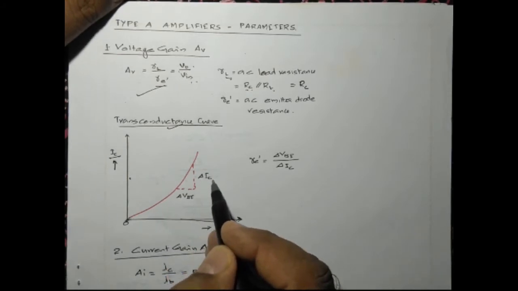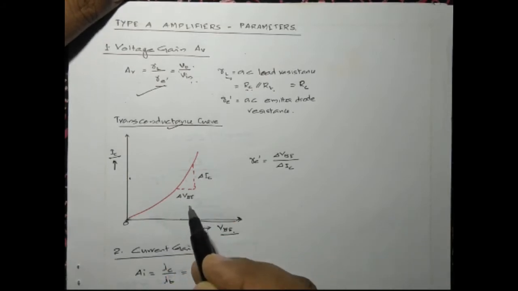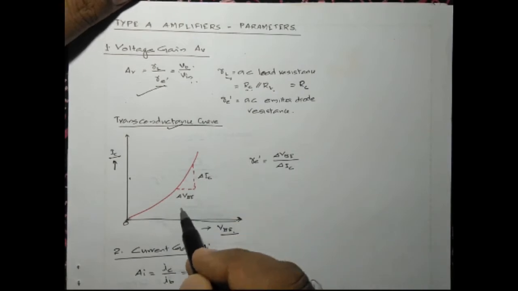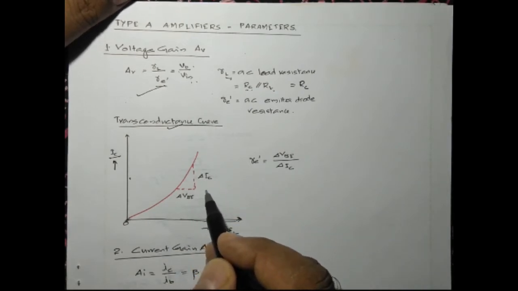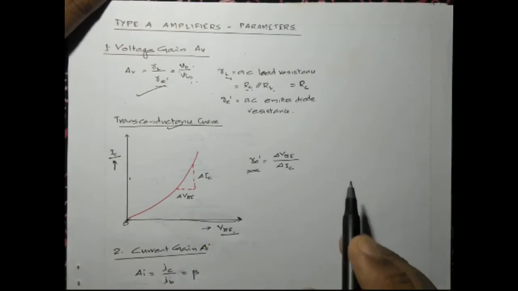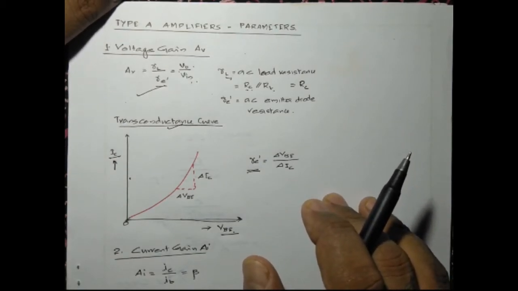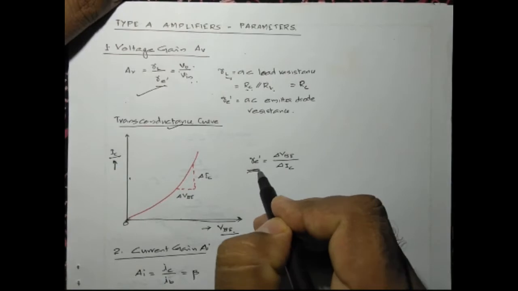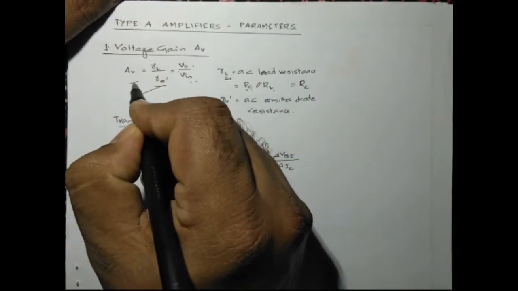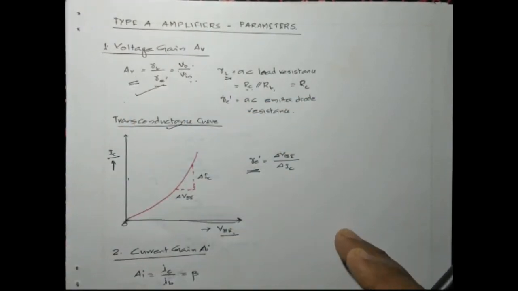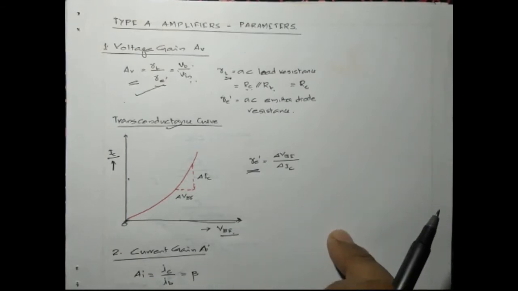The slope is delta IC by delta VBE, and the reciprocal of this slope, delta VBE by delta IC, will give you RE prime, or the AC emitter diode resistance. So, finding RE prime and RL, we can calculate the voltage gain of a class A amplifier.